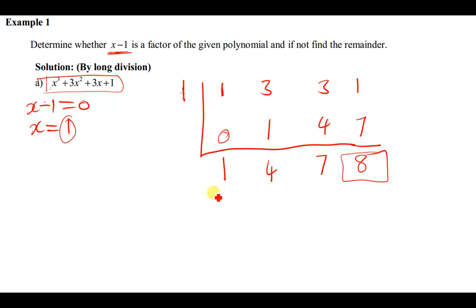So this row down here represents the coefficients of the resulting expression, the quotient in short. If the highest power was 3, the first coefficient here will be the coefficient of x to the power 2.